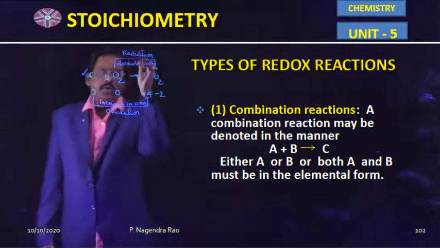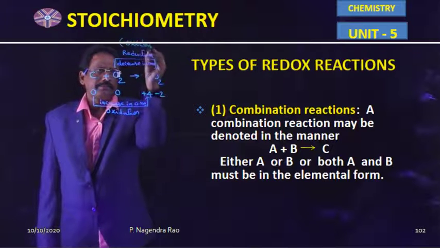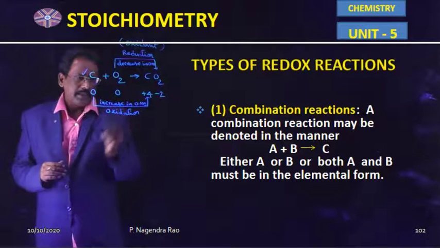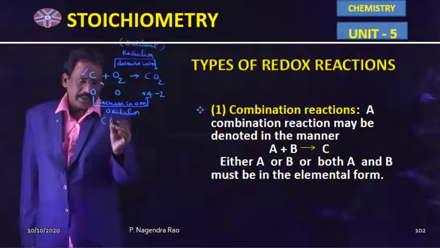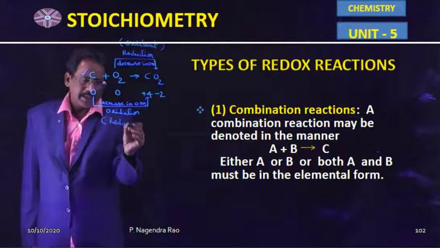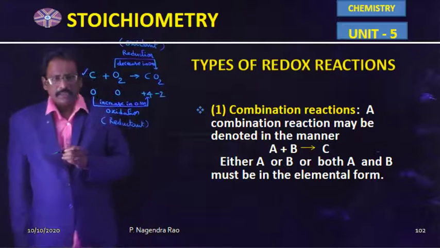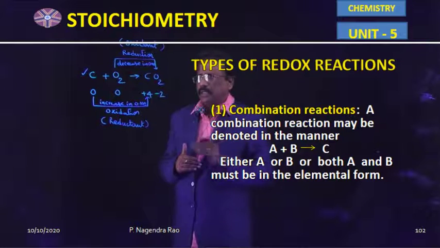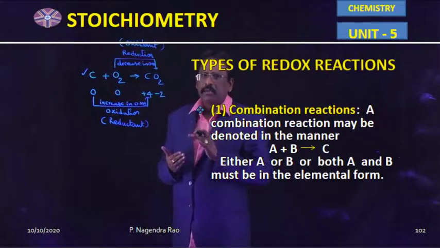That's why O2 acts as an oxidant in this example. And the increase in oxidation number is known as oxidation. That's why carbon acts as a reductant, that means reducing agent. So in this example, both oxidation and reduction take place. That can be explained with the help of oxidation number values.